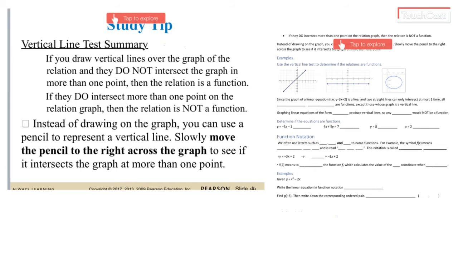Below that hint are some examples that I'd like you to try. Lay your pencil down vertically on each of these three graphs and see if they are functions by saying, hey, does this graph intersect my pencil more than one time? And then I'll show you the answers.